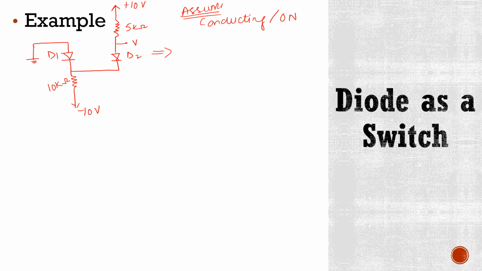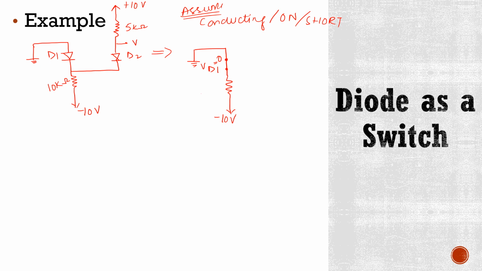It means they are short. So in this case, this circuit will become something like this. This is D1, and we know that if diode is forward biased, then voltage is 0.